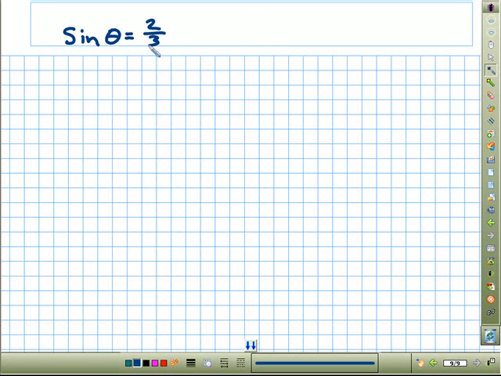We have that theta is between pi over 2 and pi. In other words, what we're saying is that theta is between pi over 2 and pi. Now, what quadrant is that?